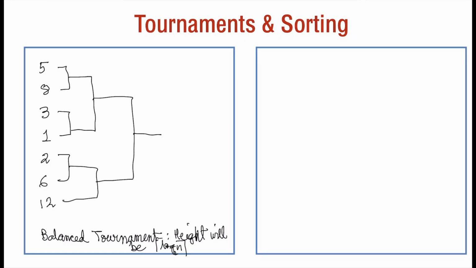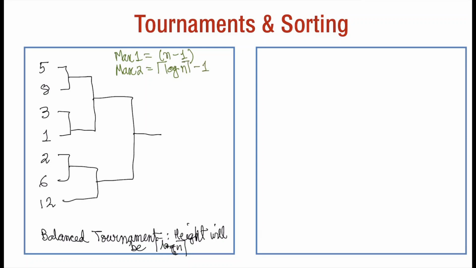for a balanced tournament, to find max 1 will require n minus 1 steps, and max 2 will require log n minus 1 steps.